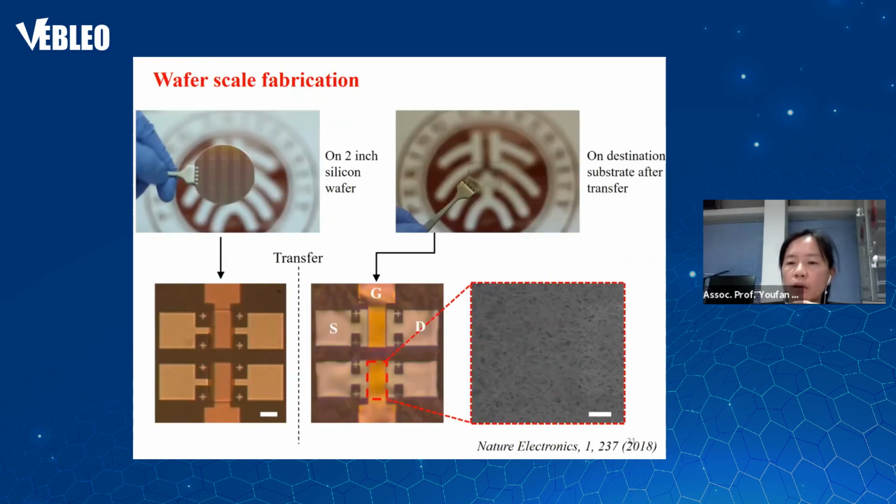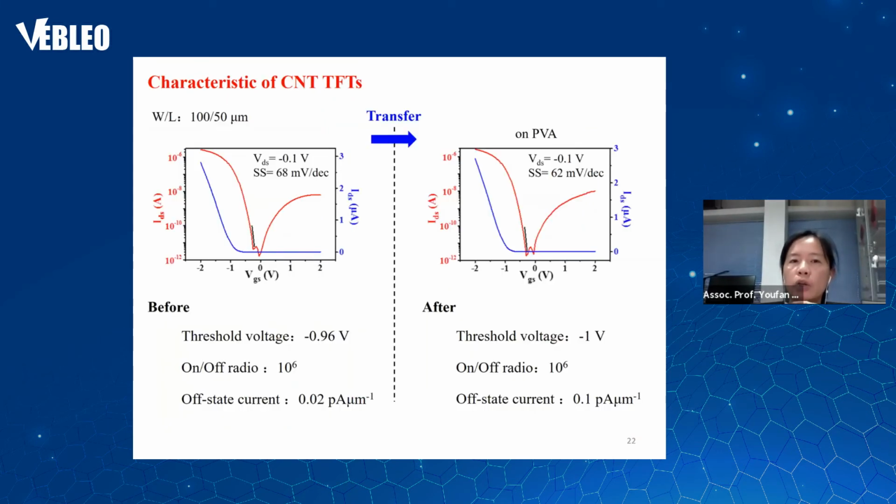We can fabricate the system on a 2-inch wafer scale, and if we check here, we show the carbon nanotube-based device before and after the transfer process. We can clearly see that they are almost the same. So that means the transfer process has minimal effect on the performance of the device.